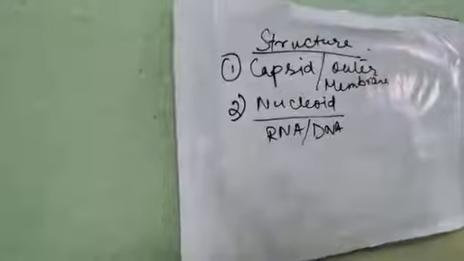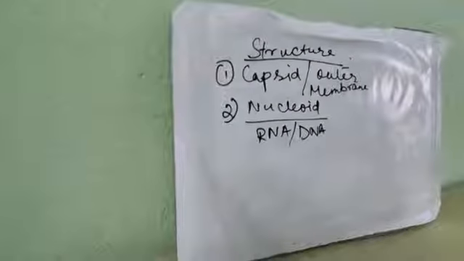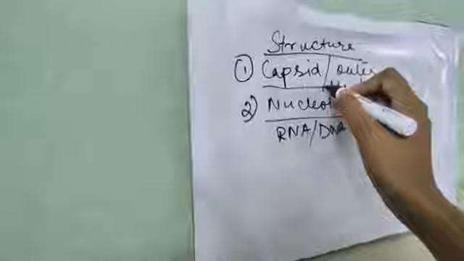The nucleoid is nothing but the RNA or DNA, the nucleic acid part of the virus, which is situated at the core of the virus body. Surrounding this nucleoid there is a layer or covering, and that covering is termed the capsid.